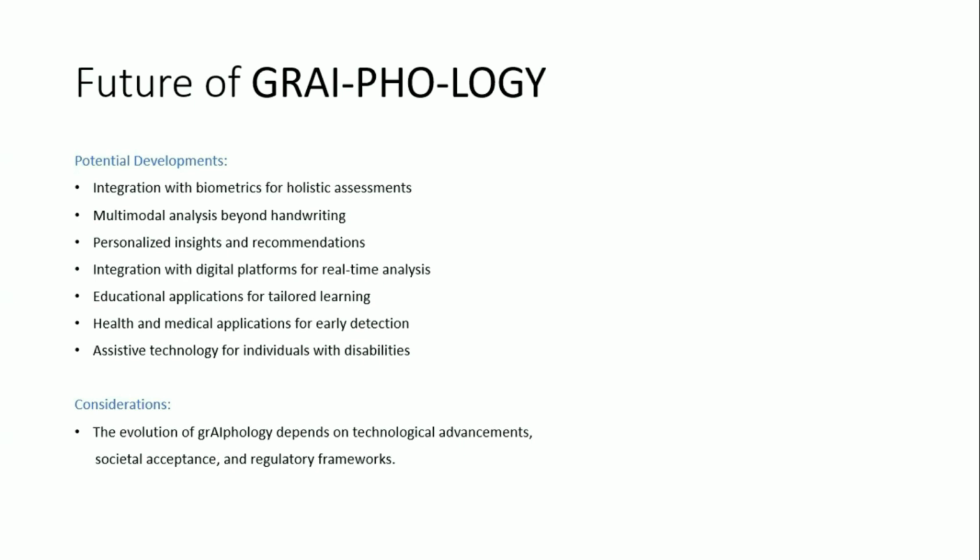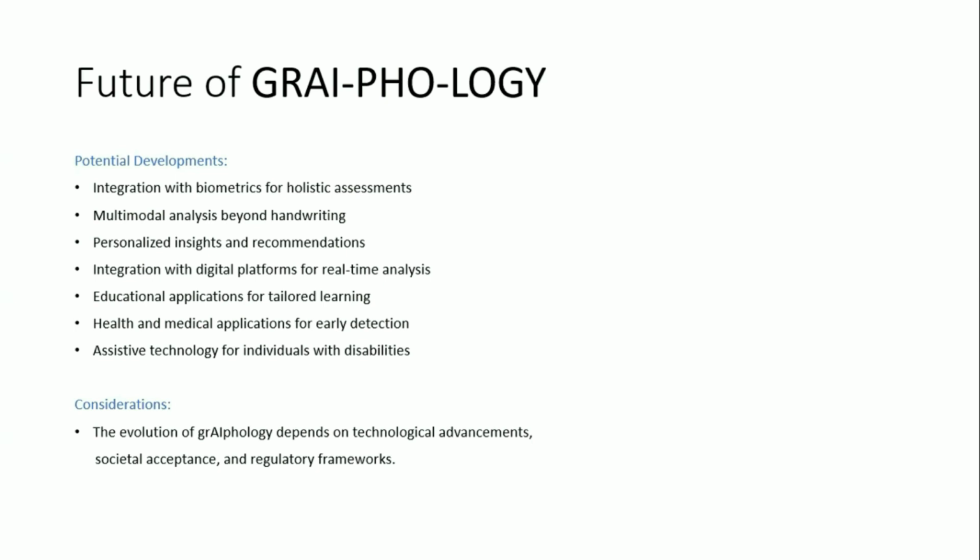It can be used in educational applications for tailored learning. The handwriting patterns can help teachers in assessing the cognitive abilities of the student, and they can provide individual attention to the students.